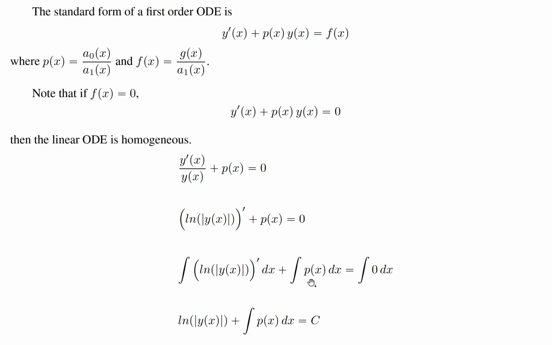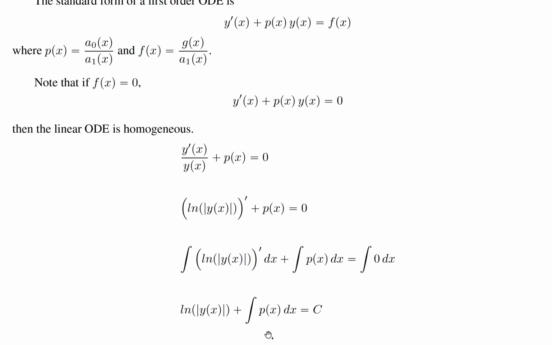So for example, if p of x is x, then its antiderivative is x squared over 2. If it is cosine x, then the antiderivative will be sine x. If it is 1 over x, then the antiderivative will be ln of absolute value of x, and so on. So note that this denotes the antiderivative of the function p of x.